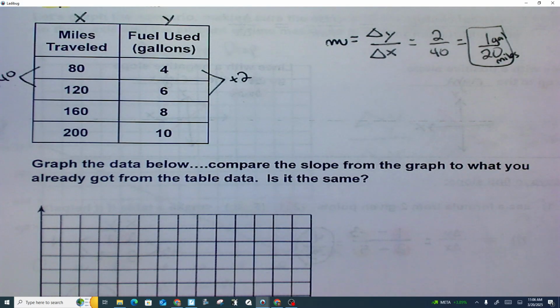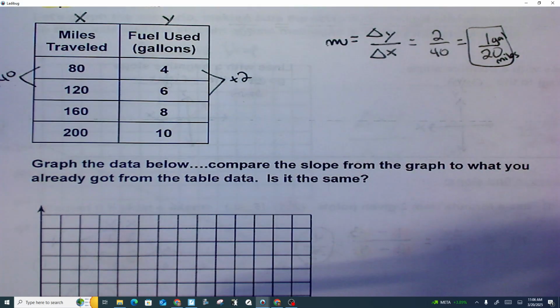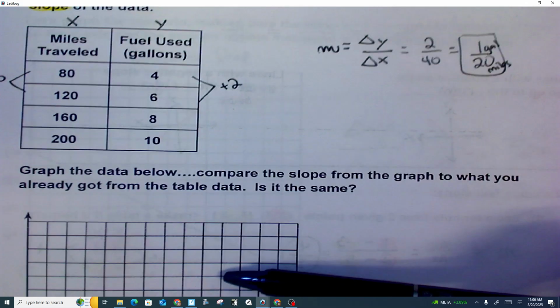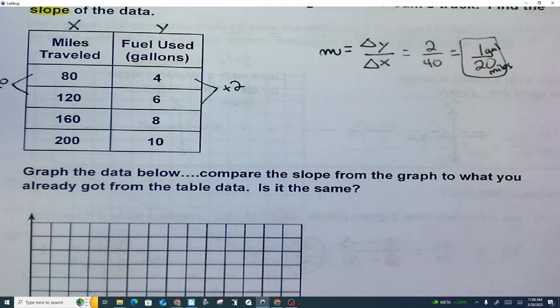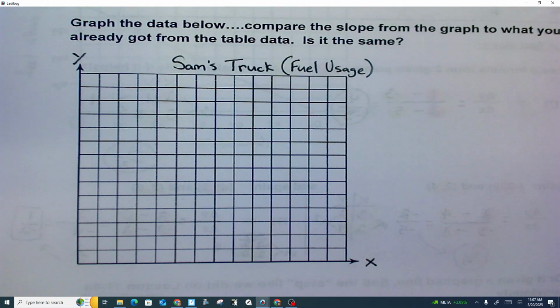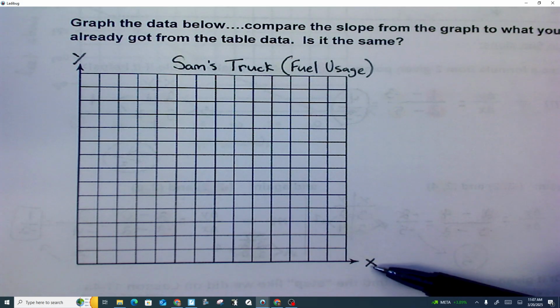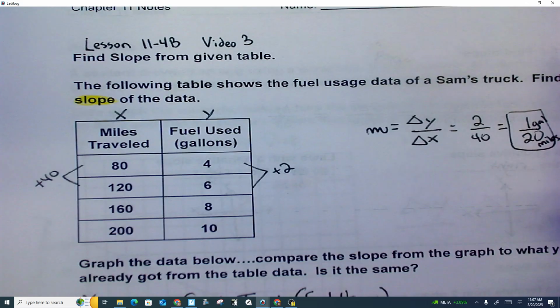Now what I'd like to do is graph this data down here, and get the slope from this graph and just make sure that it is the exact same slope that we got up here from the table. So I've titled it, I've got my x and y labeled. I'm going to look back up at my table to see what my x numbers represent again.